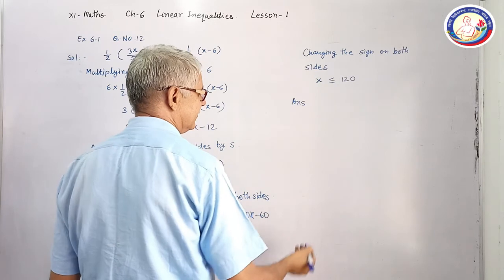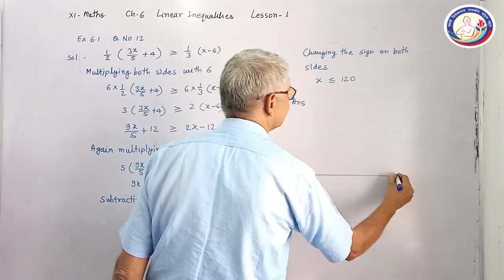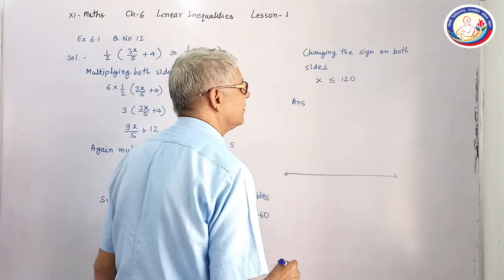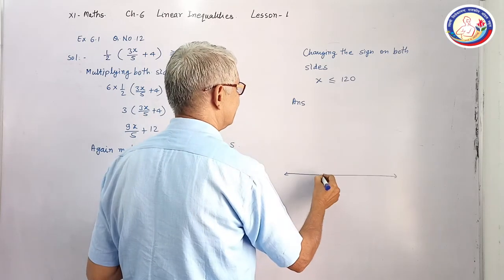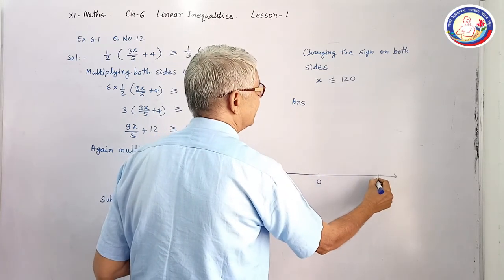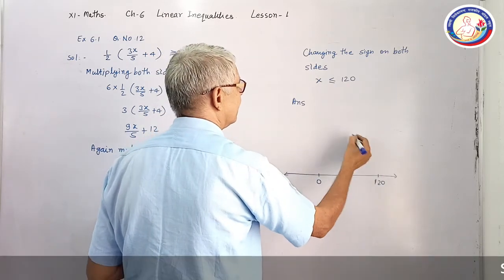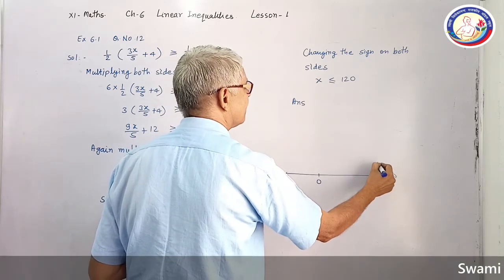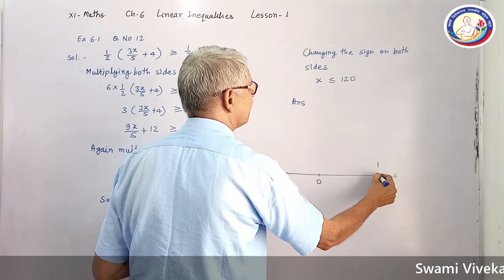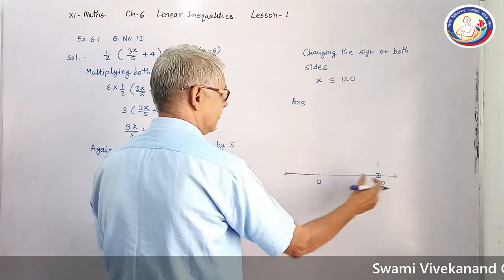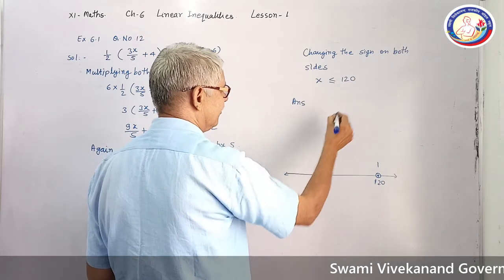We can understand it on the number line also. Let's say this is 0, this is 120. It will start from here and on this side. So what will be the solution?